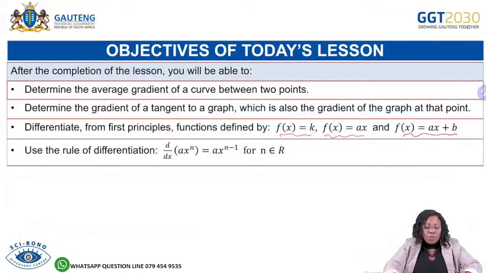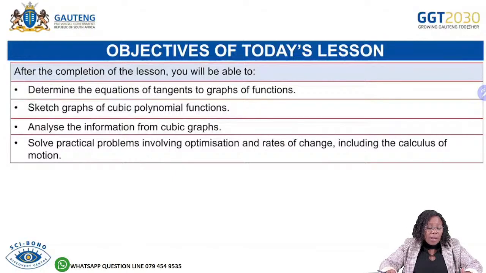You will also be able to use the rule of differentiation, deriving in terms of x, ax to the power n. Therefore your answer will be anx to the power n minus 1, for which n must be an element of all real numbers. You must be able to determine the equation of a tangent to a function.